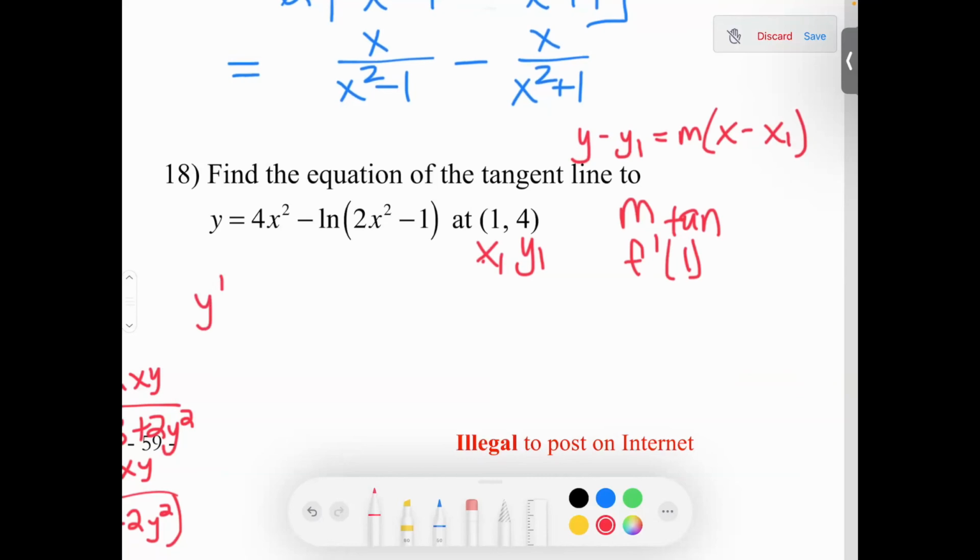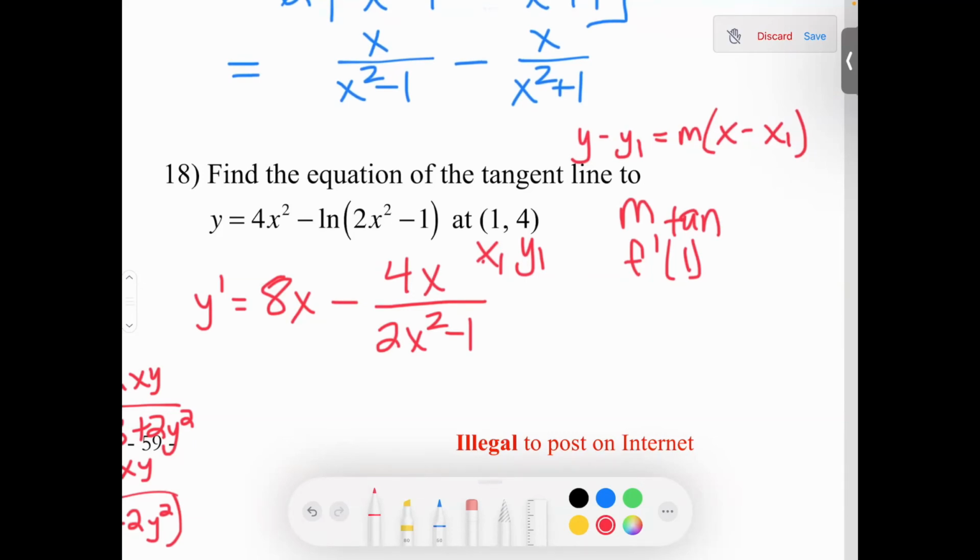So looking at the derivative, y prime, derivative of 4x squared is 8x. Derivative of natural log of 2x squared minus 1 is 1 over something times the derivative of that. Derivative of 2x squared is 4x. Derivative of negative 1 is just 0.